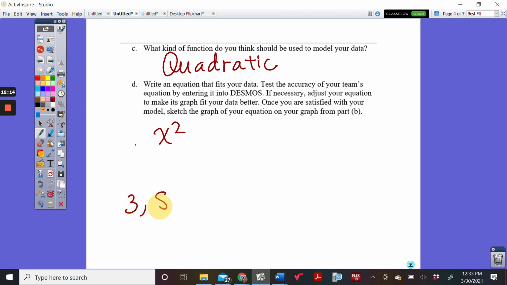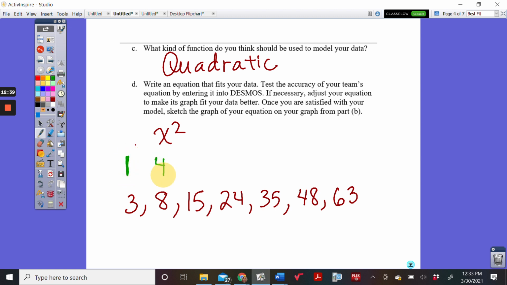So 3, 8, 15, 24, 35, 48, and 63. And I'm going to put above them your basic numbers getting squared. So 1, 4, 9, 16, 25, 36, 49.